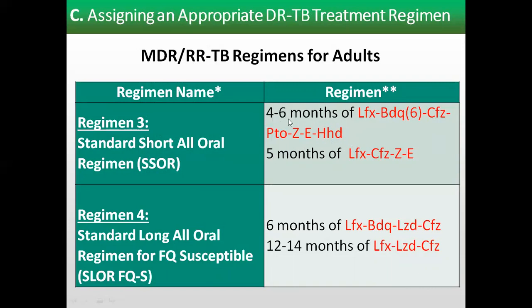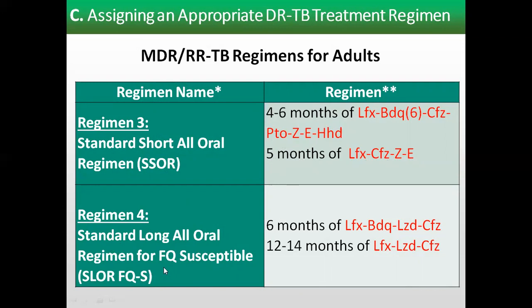And then, once the patient finishes this regimen, at this phase, you will enter the continuation phase kung sa DSTB pa for 5 months containing only these 4 drugs. Okay. Ang regimen 4 natin now is the standard long all-oral regimen for FQ means fluoroquinolones. So, ano yung mga drugs under fluoroquinolones?